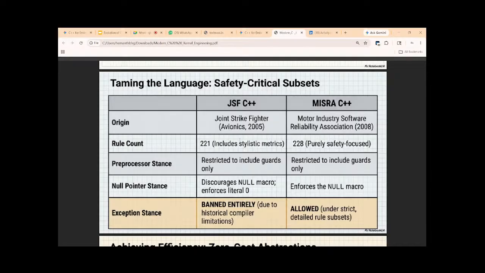Okay. Just listen about the JSF C++. It is based on the no exceptions rule. As you noted, JSF C++ outright bans exceptions. You cannot use try, catch, or throw in this.